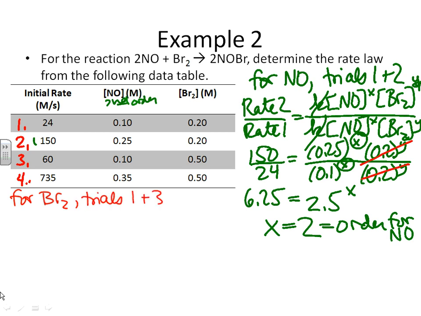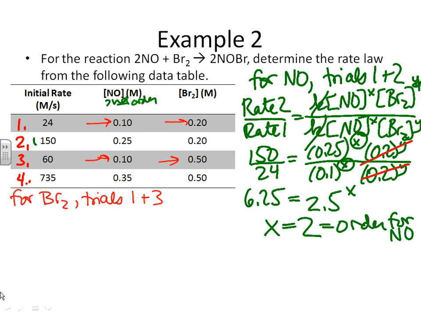I'm using trials 1 and 3 because despite the fact that I don't have neat, clean data, I do see that the NO is staying the same. Because I've now already figured out the order for the NO, realistically, I could pick any two trials where the concentration of the bromine changes, but it is a little bit easier if you have the option to pick the option where it does, in fact, stay the same. So I'm picking this because the NO stays the same, but the bromine changes.